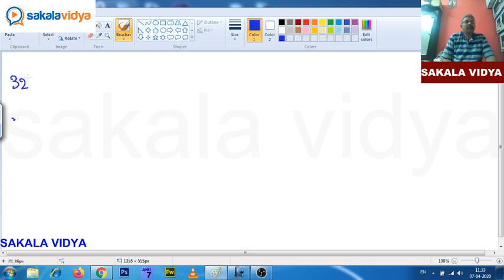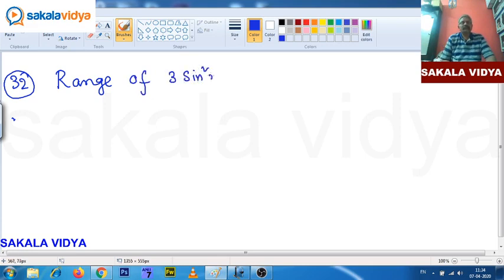So, the 32nd problem: range of 3 sin square x plus 4 cos square x.